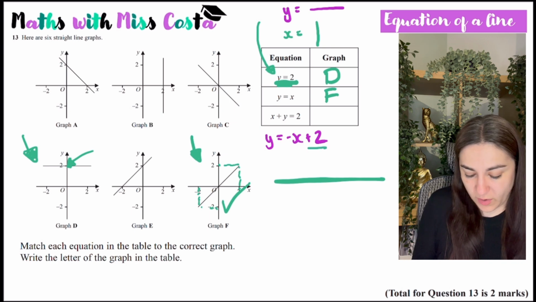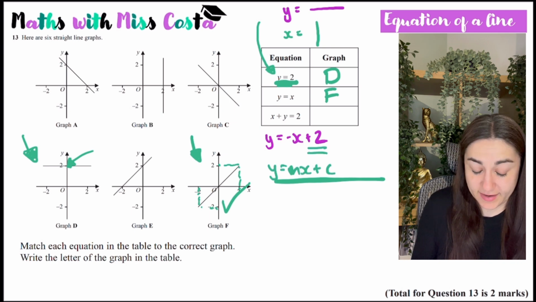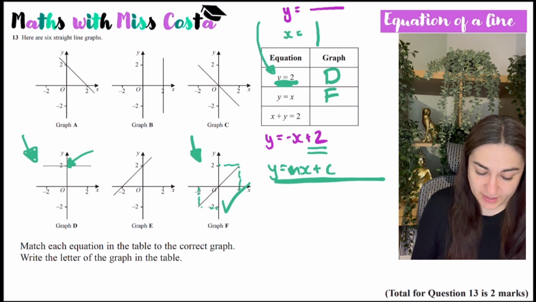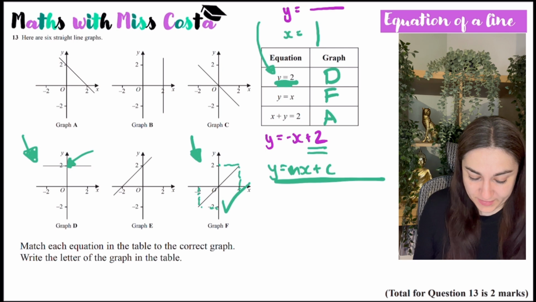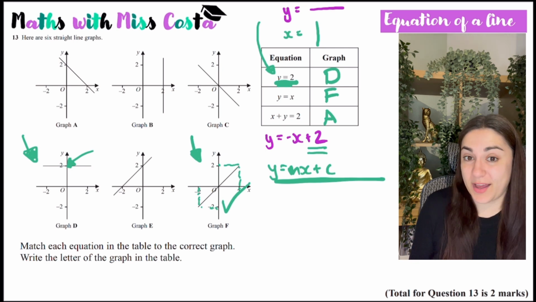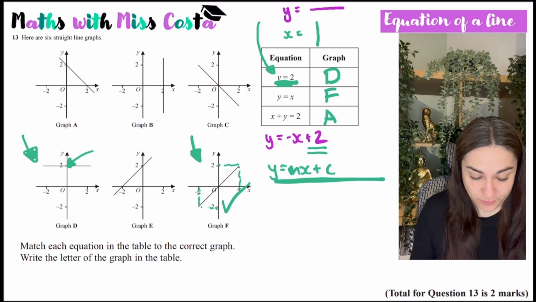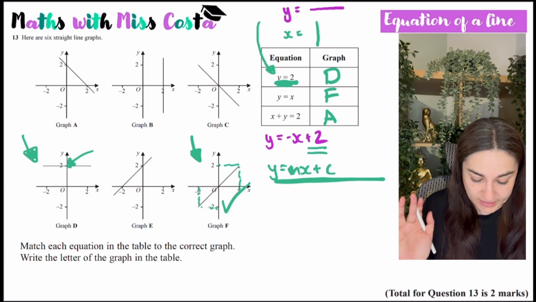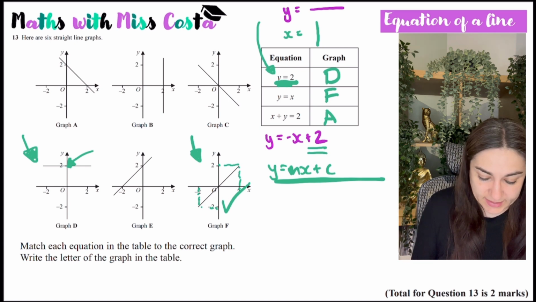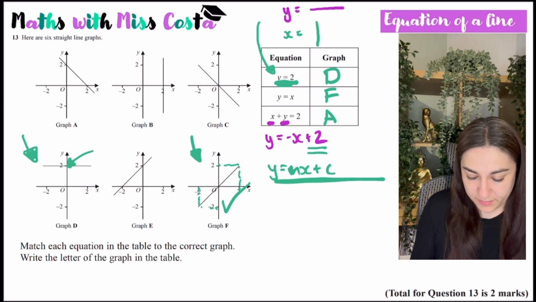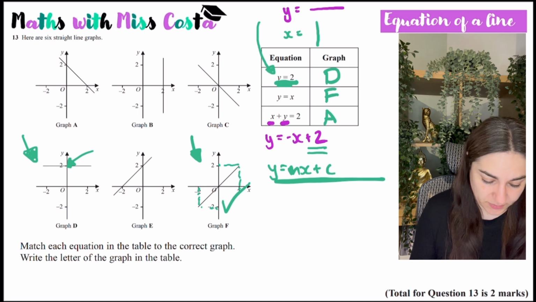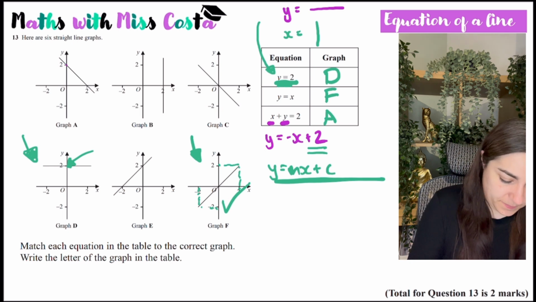And I know that the y-intercept, because every line is in the equation y equals mx plus c, is 2, and I know it has a negative gradient, so therefore it's graph A. But we can still do that question even if we don't understand y equals mx plus c. So you just think to yourself, the x coordinate plus the y coordinate must equal 2. So let's just try these.